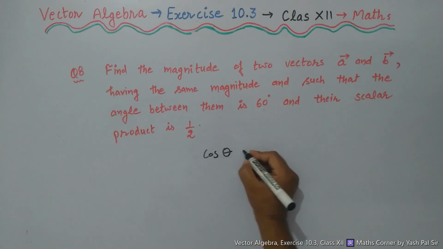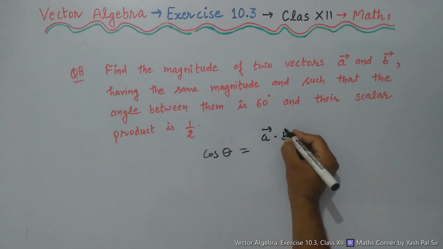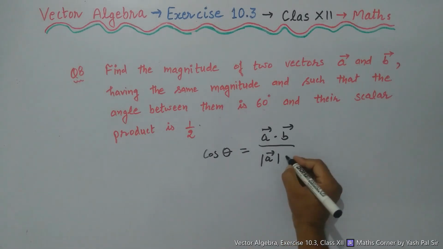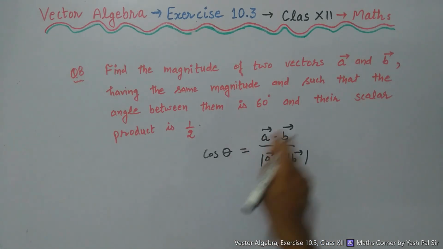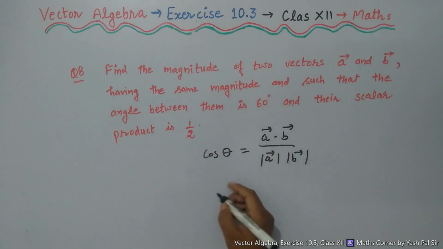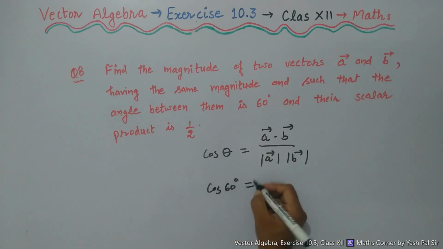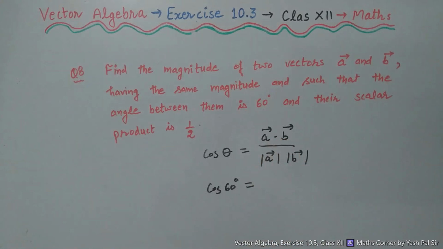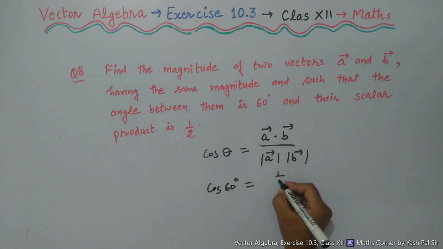So we write cos theta is equal to dot product of A and B divided by magnitude of vector A into magnitude of vector B. Here theta is given to be equal to 60 degree. So we write cos 60 degree, and their scalar product, the dot product is also called scalar product, is 1 upon 2.